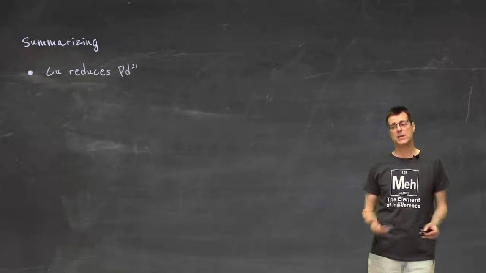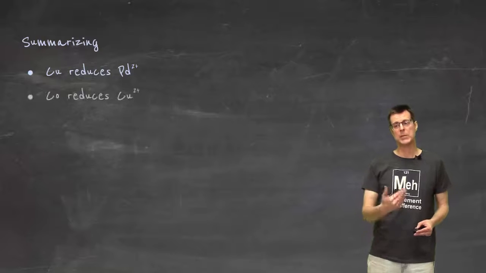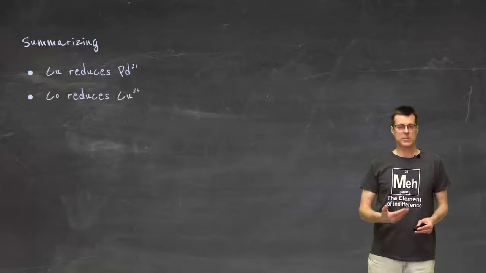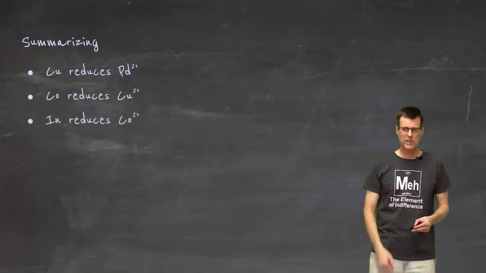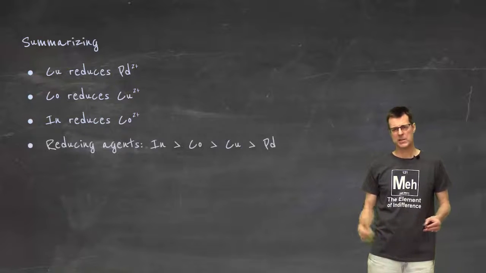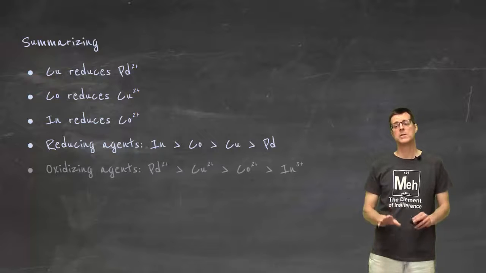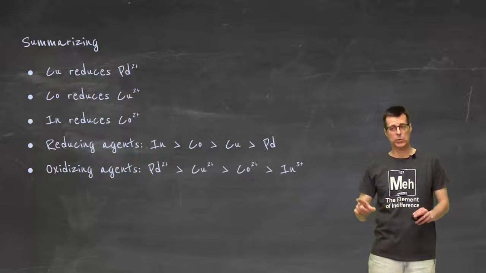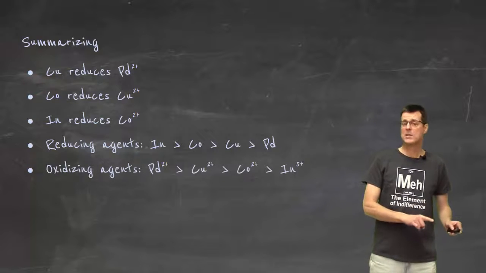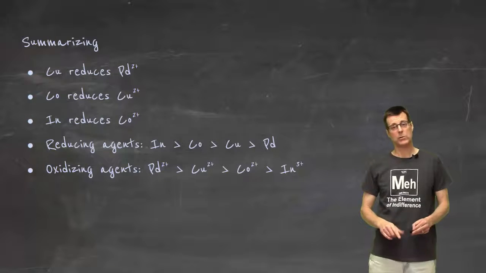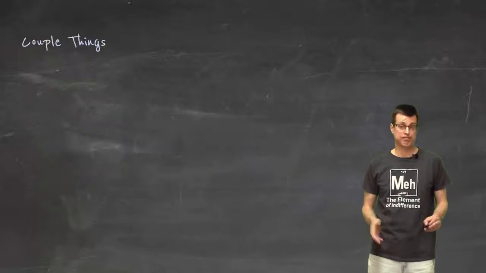And if I summarized it, copper reduces palladium, cobalt reduces copper, and indium reduces cobalt. And then I have the reducing agents. Now you'll notice that the reducing agent order is exactly opposite of the oxidizing agent order, which should make sense.